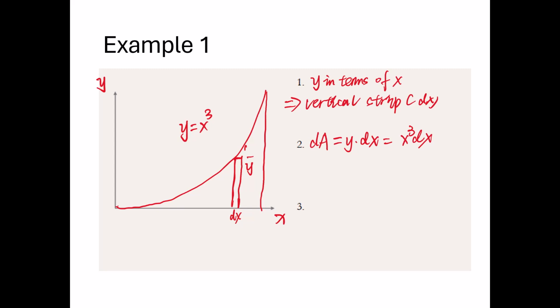The centroid for each small strip will be x for the x coordinate, and y will be half of y expressed in x, which is like here. What's next? Next we need to calculate the integral.